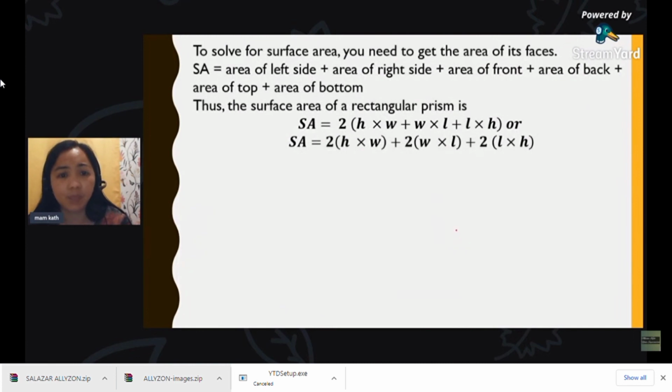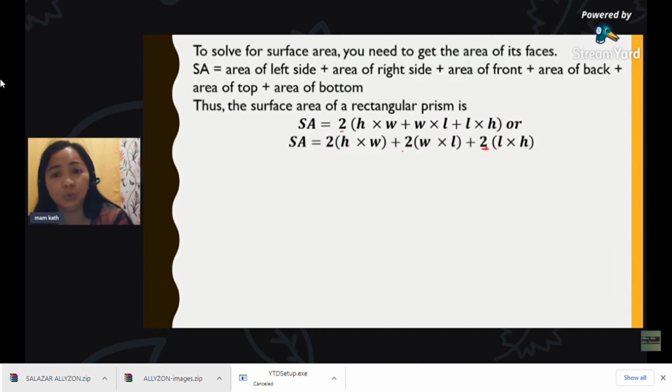Thus, the surface area of the rectangular prism is equal to 2 times the quantity height times width plus width times length plus length times height. Or we can say surface area is 2 height width plus 2 width length plus 2 length height.